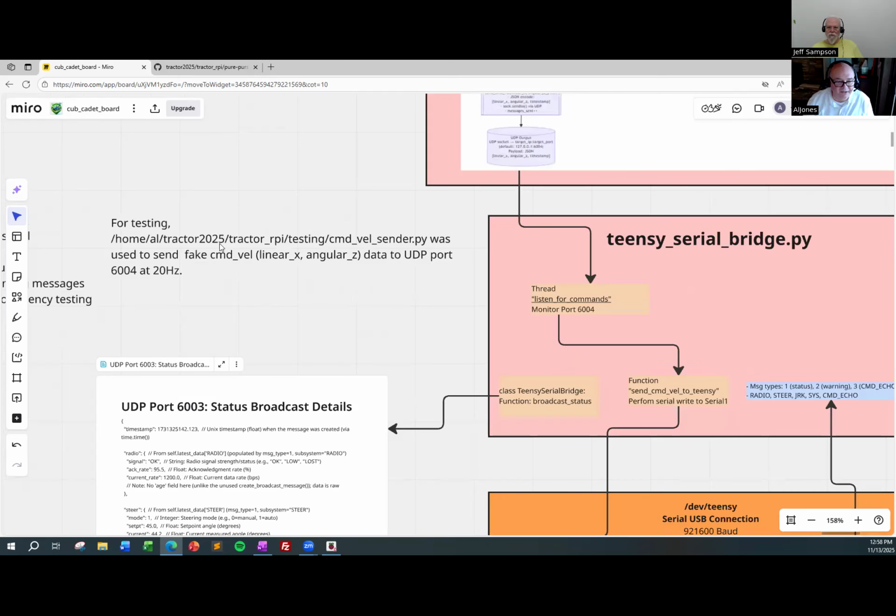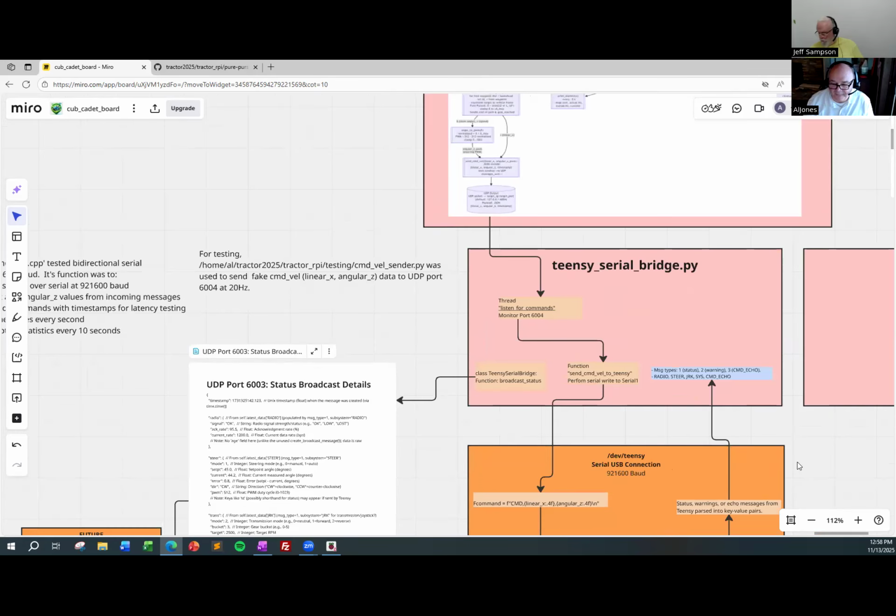I tested some code to send linear, fake command velocity data down from the RPi at 20 hertz, and data up from the Teensy simultaneously to the RPi.